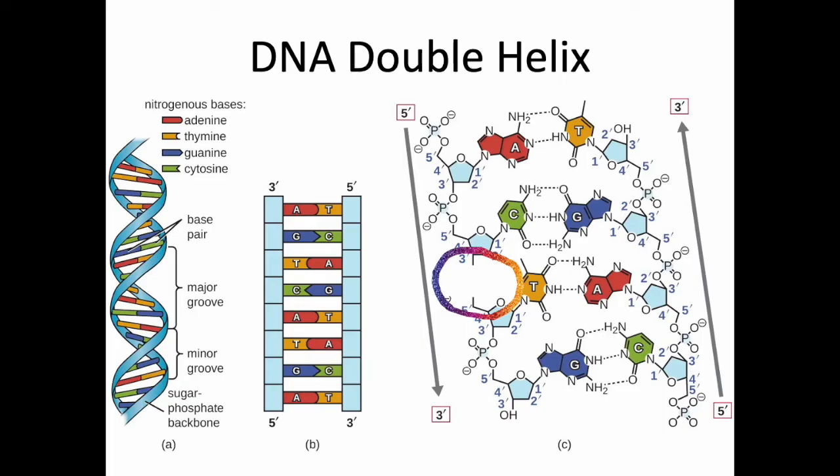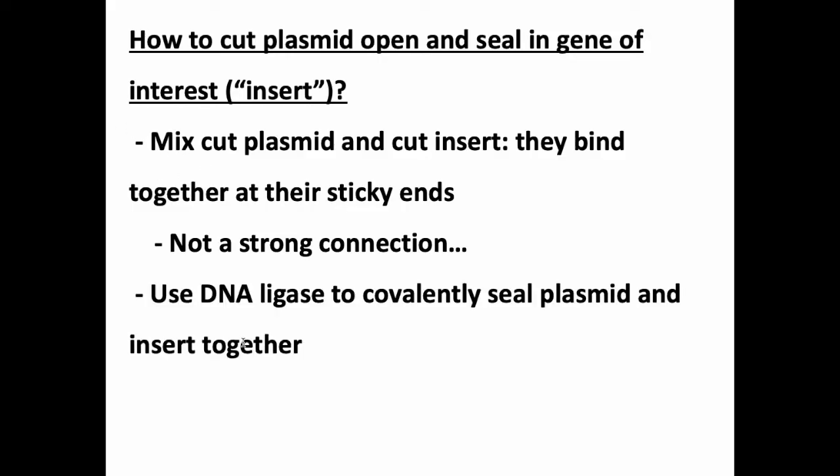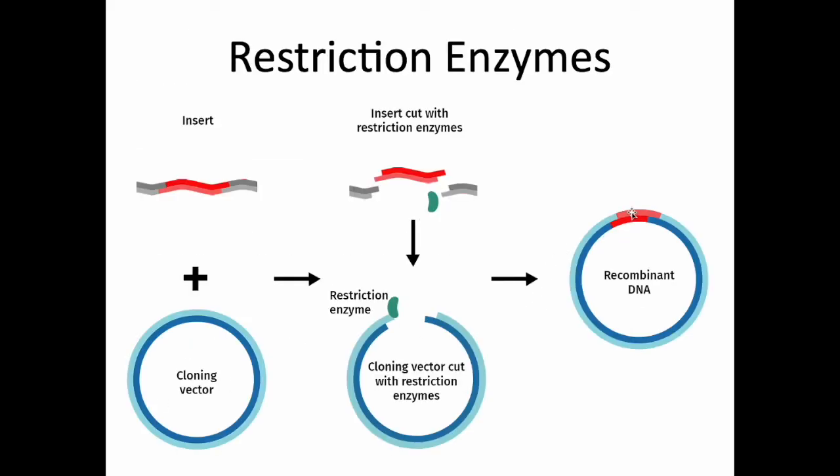So after we've done this cutting and after we've done this mixing, we're going to add DNA ligase. It is going to covalently seal the plasmid and the insert together, making a very strong connection here. And now this is a larger plasmid that incorporates our gene of interest.